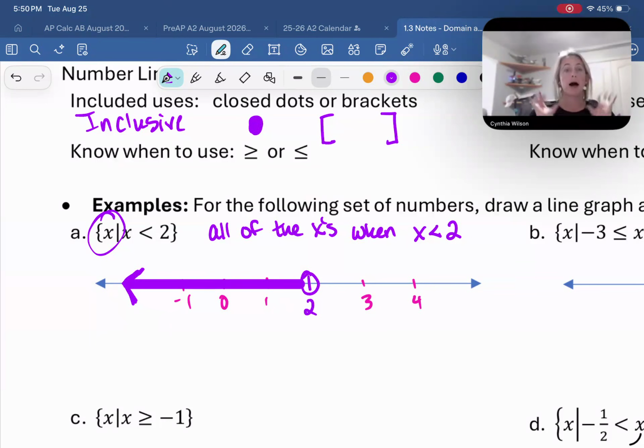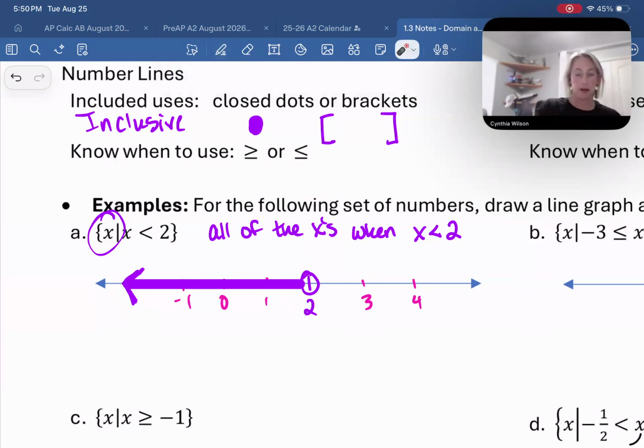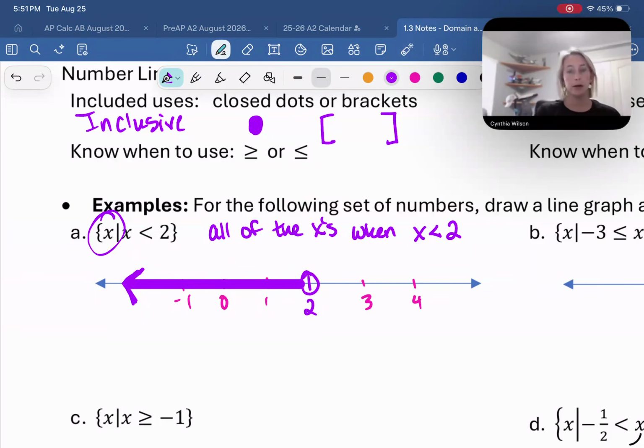Okay, now I like looking at the number line here because I can see a segment. I have a beginning and I have an end. So if I look at the beginning, I see that my beginning is an arrow. Not only is my beginning an arrow, it is a left arrow.